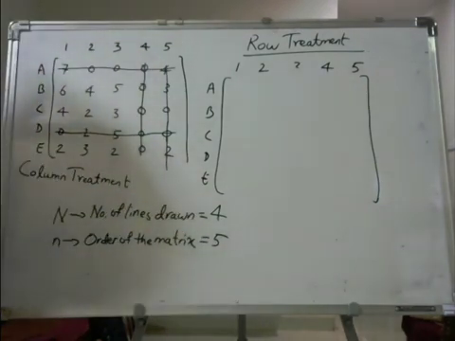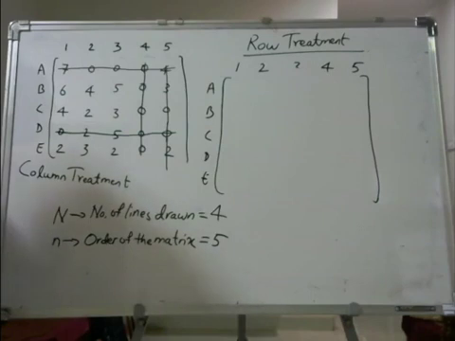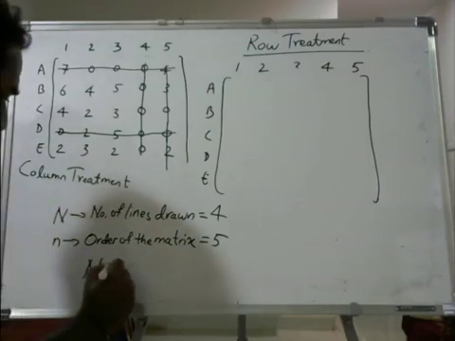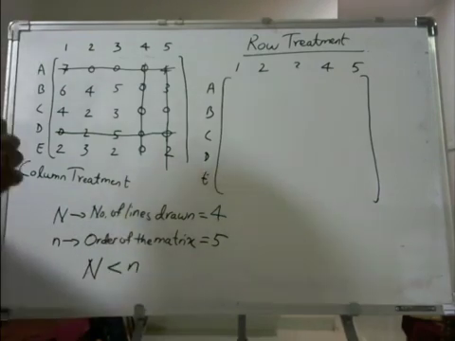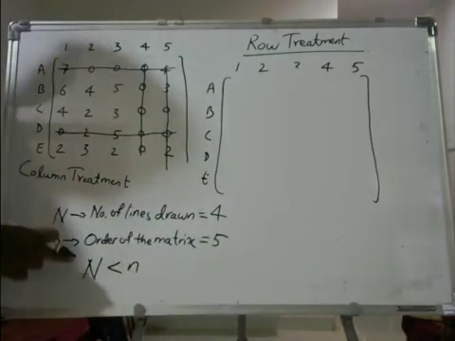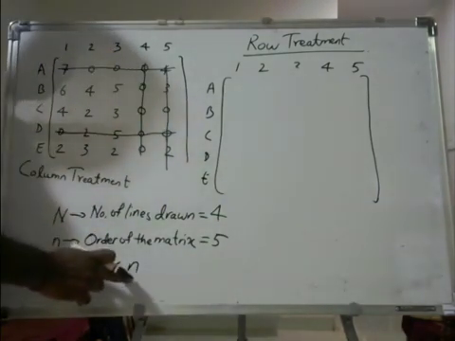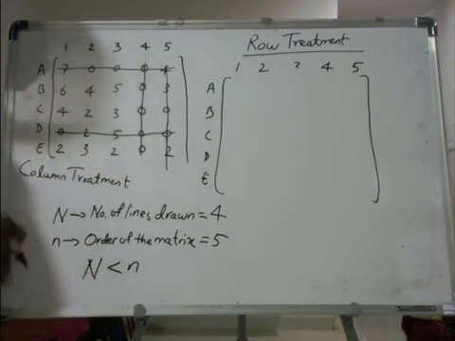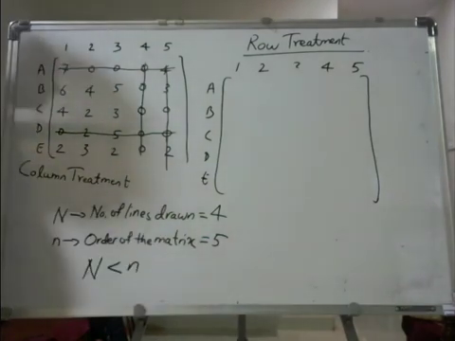Now here what is happening is, this capital N is less than small n. If capital N was equal to small n, then we would have stopped the problem here, and we would have found the optimal assignment cost.